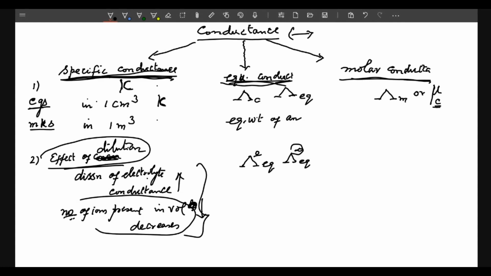That limit, we call the limiting equivalent conductance. Similarly, there will be limiting molar conductivity, which can also be represented at infinite dilution. This is after understanding the effect of dilution.